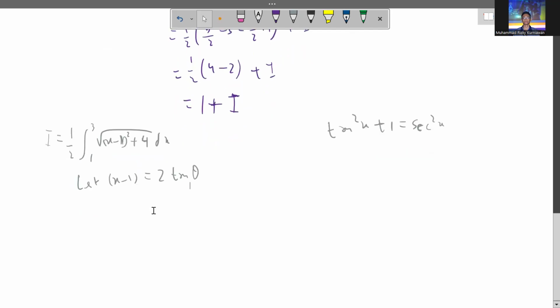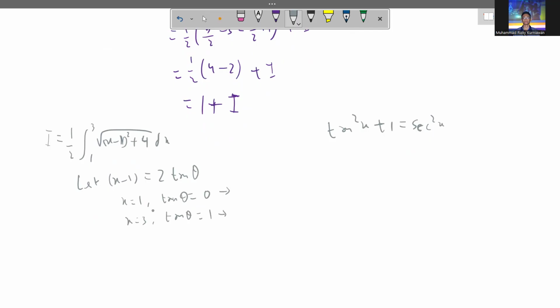Because we're doing a trig sub, we will have to change the integration bounds. So if x is equal to 1, that means tangent of theta is equal to 0. And then when x is equal to 3, tangent theta is equal to 1.